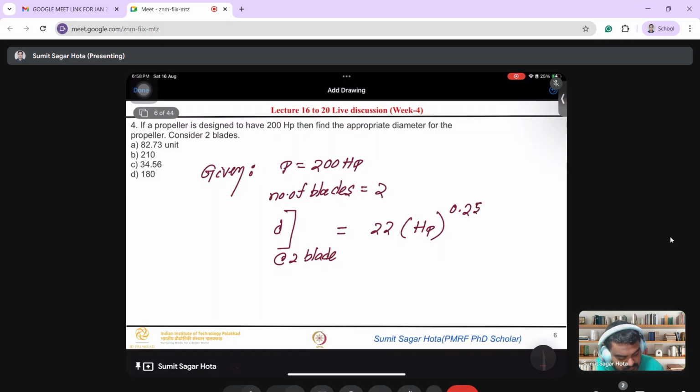So 22 into 200 to the power 0.25, which is equal to 82.73 units. So the answer is A.